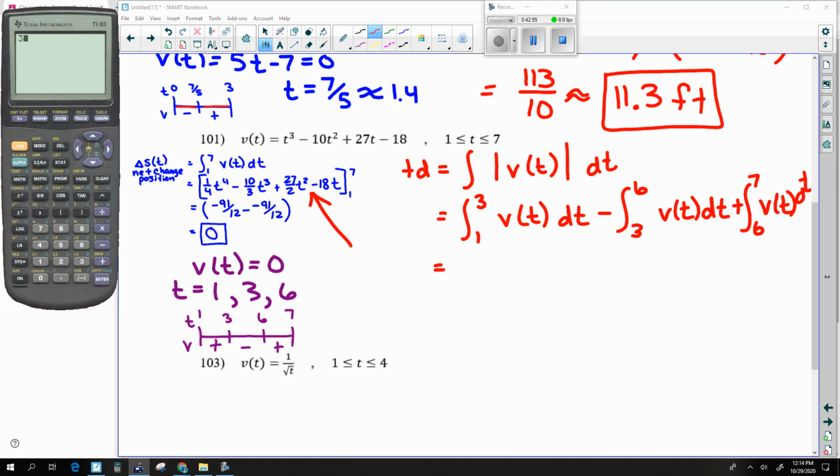So 1 to 3, I evaluate that at 3. Integrate that at 1. Minus, integrate that at 6.